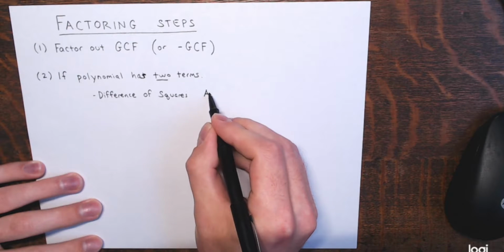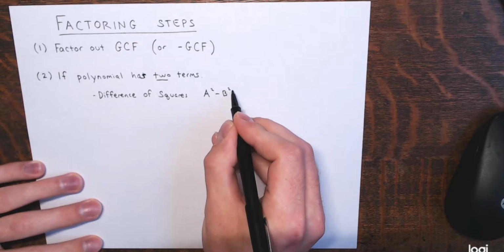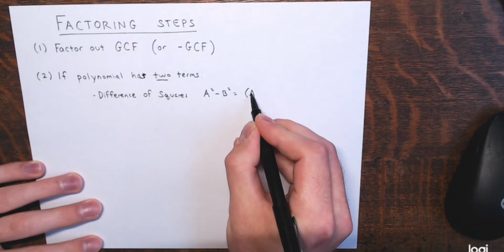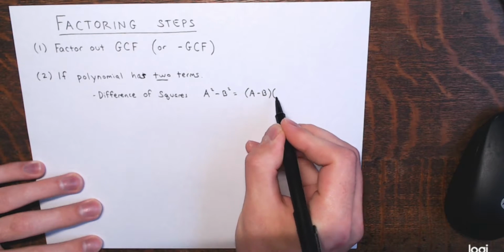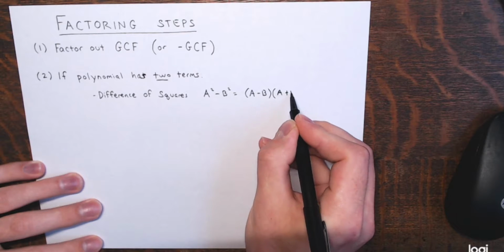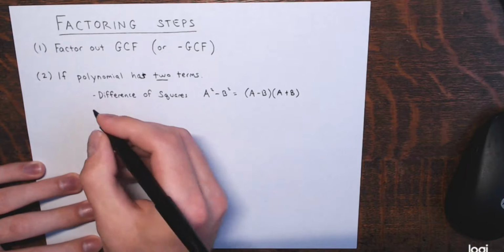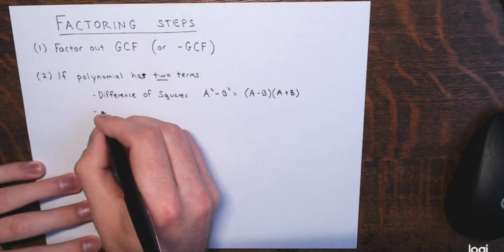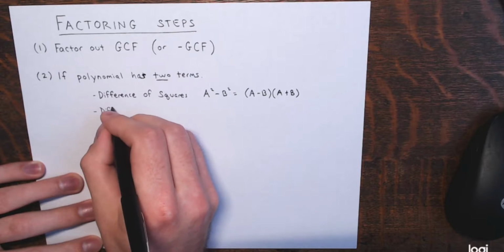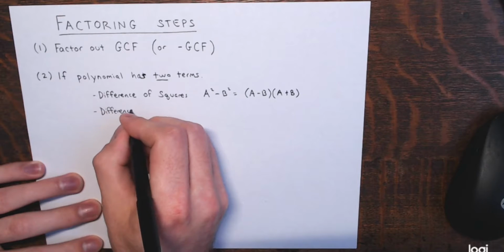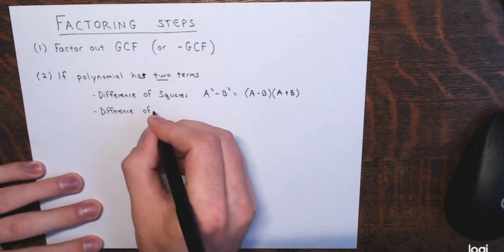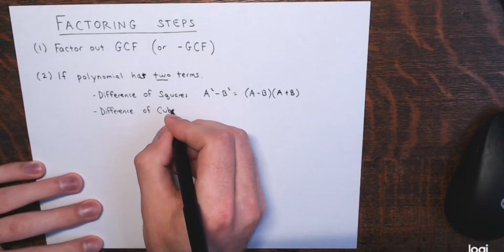A squared minus b squared would factor to a minus b times a plus b, right? A product of conjugates, or a plus b times a minus b. It could be a difference of cubes, right?